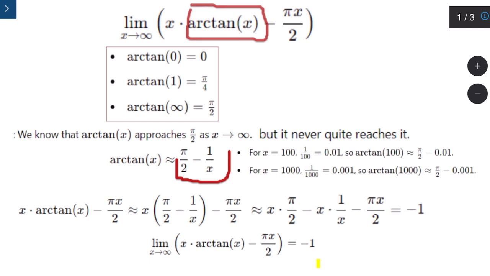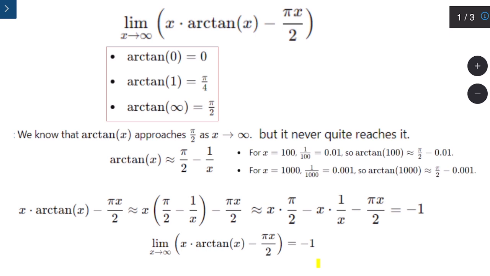You just need to remember this, because when we remove 1 over x from pi over 2, it is a very tiny piece, and we are just approaching pi over 2. We never reach pi over 2, but we are approaching it, with a little less amount.